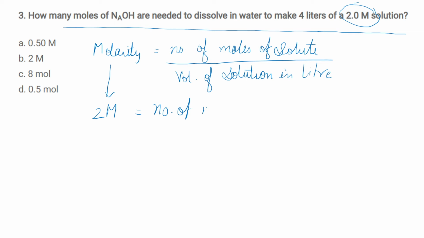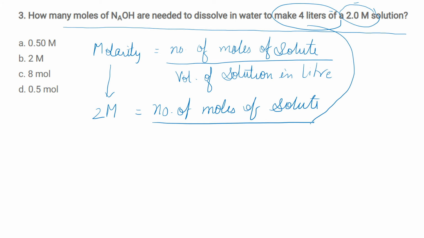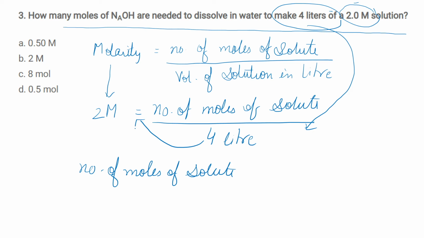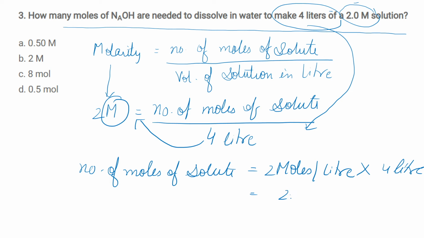Volume of solution is 4 liters. So number of moles of solute will be 2 moles per liter, we can write molar as moles per liter, multiplied by 4 liters. Liter cancels.